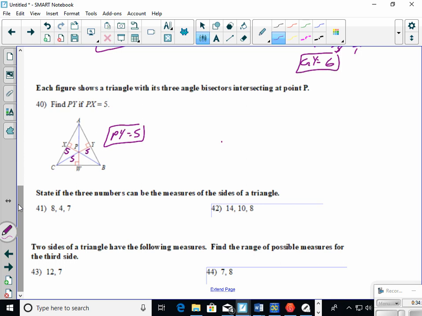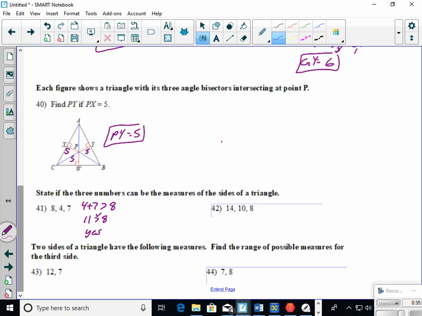All right, 41 and 42 state if 3 numbers can be the measures of the sides of a triangle. So the rule is any 2 sides have to add up to be greater than the 3rd side, so make sure we take the 2 smallest sides, 4 plus 7, and they have to end up being greater than the biggest side, 8. Which in this case, 11 is greater than 8. Yes, it is.